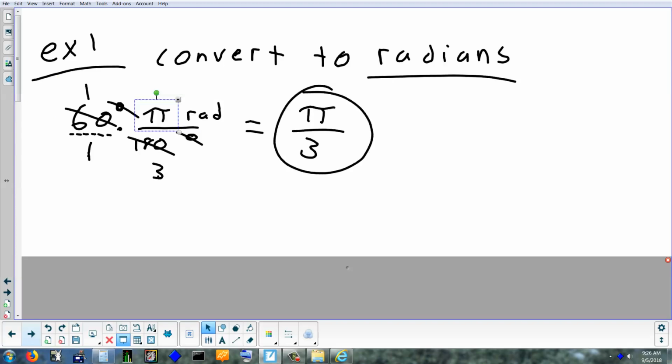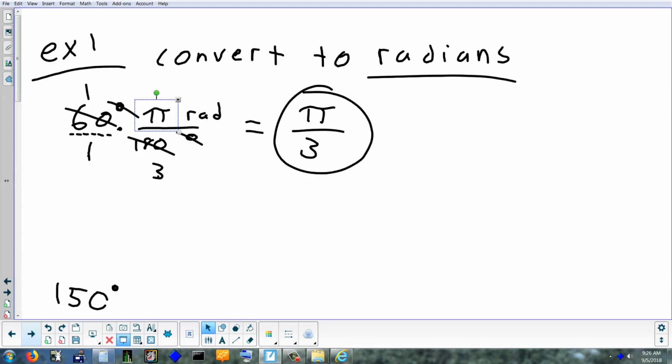Some people look at that, what might they think I forgot to write? Degrees. I didn't forget to write it. Radians, right? If you look in your book and any other textbook, you'll never see RAD written. They just don't write it. So if you're dealing with an angle and you don't see the little circle above it, then it's radians.